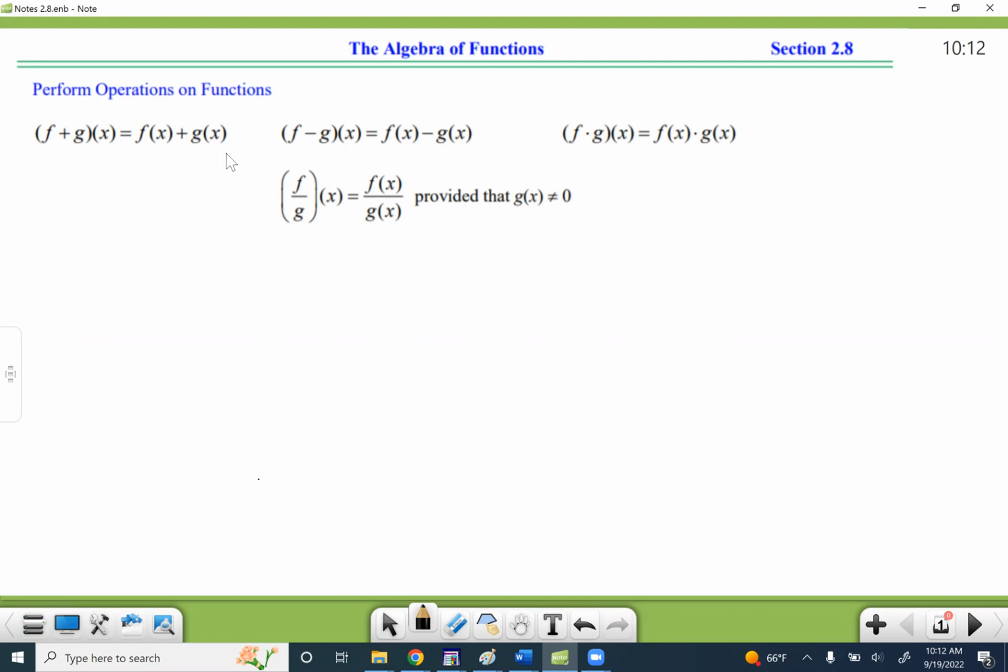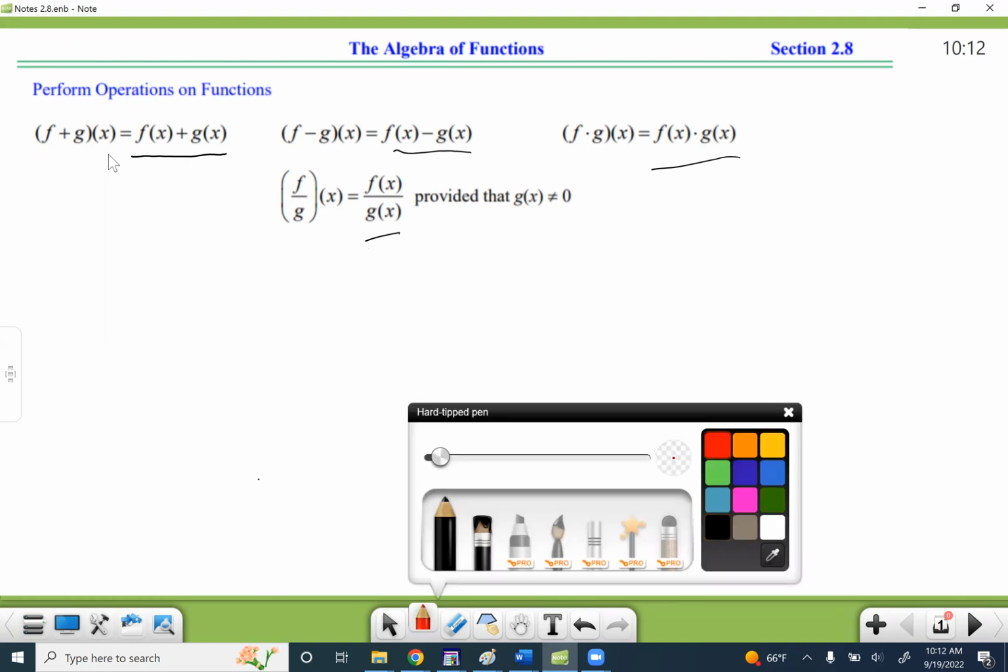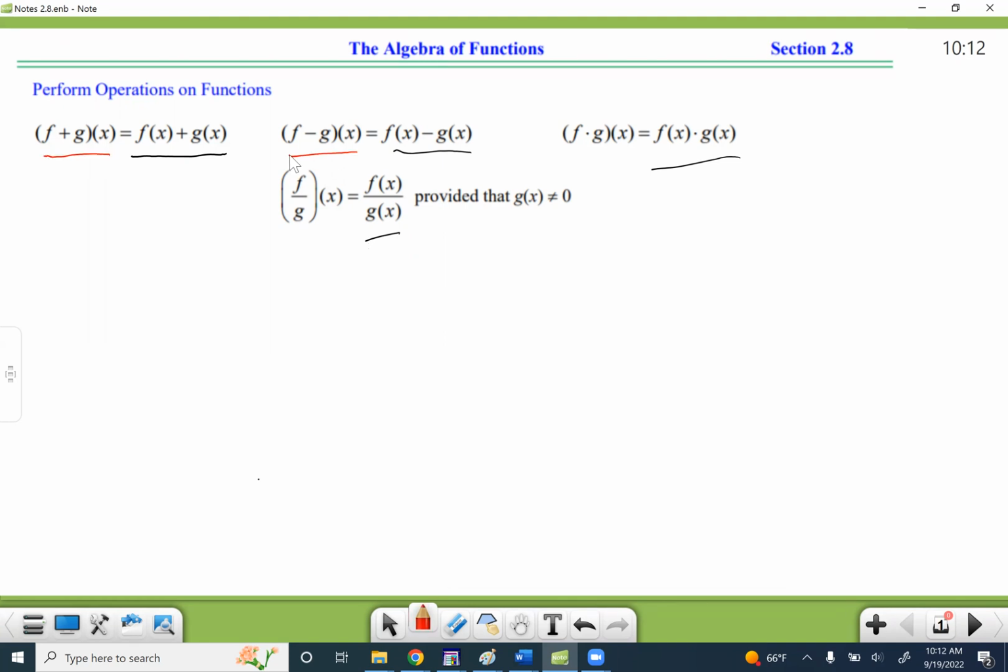On the right-hand side of each one of these equations, you're going to see the long way of writing these operations on functions, and probably the proper way to think about them. On the left-hand side of each one of these equations, you're going to see the shorthand way of writing them.